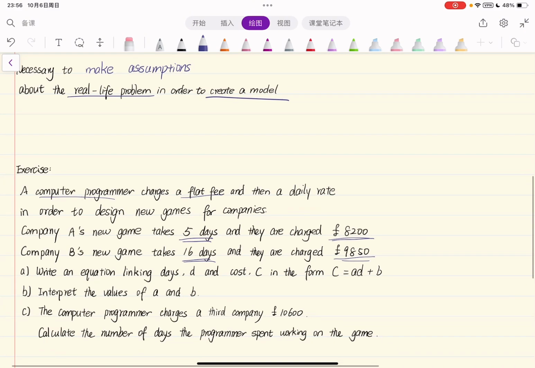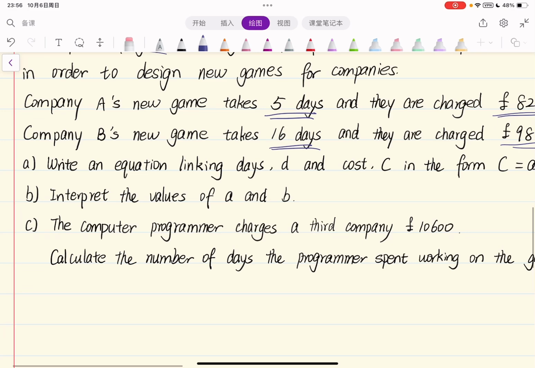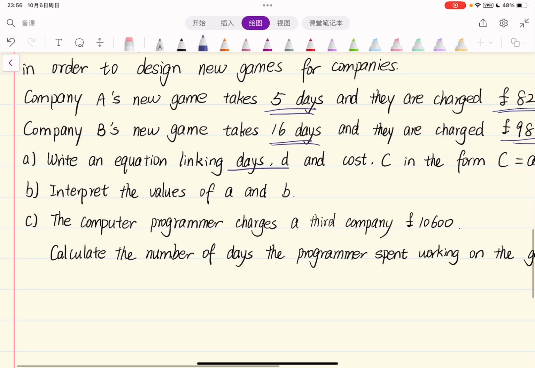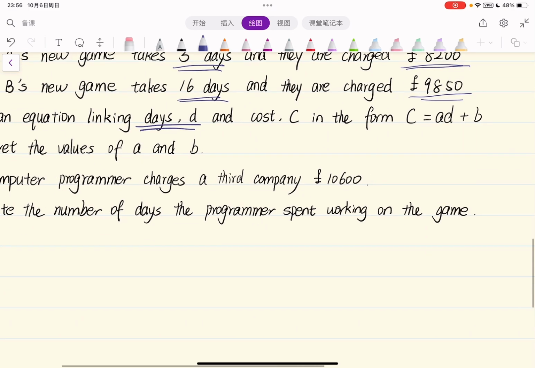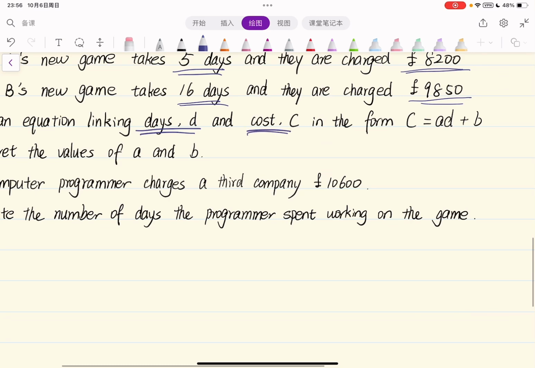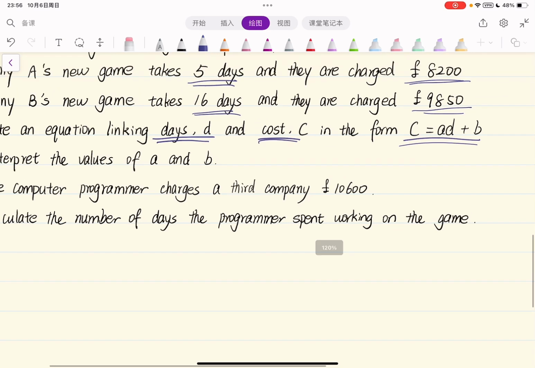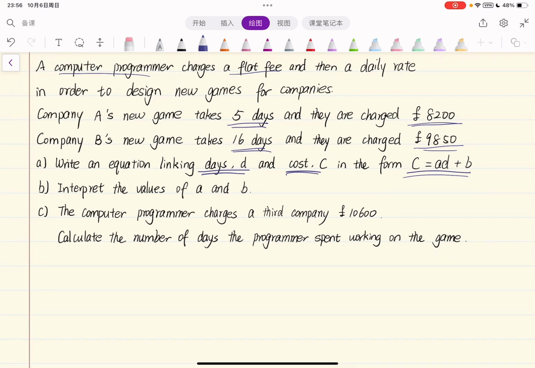Now for part A, it asks you to write an equation linking days D and the cost C in the form C equals AD plus B. So how do we do that? In the question, it gives you some details. So here is 5 days and the cost is 8,200.